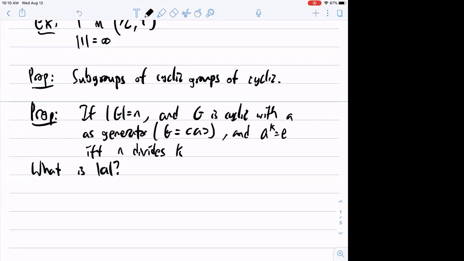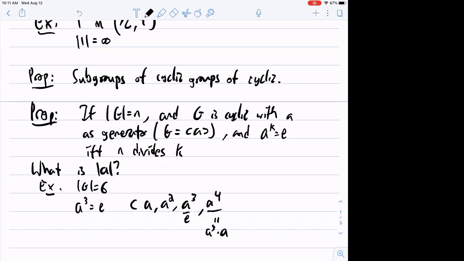For example, let's just assume the order of G is 6. If A cubed is E, let's say the order is 3, then you can't generate the whole group, right? Because you have A, A squared, A cubed, and this is the identity. So what's A to the 4th? A to the 4th is just A cubed times A, but A cubed is the identity, so you just get A back.